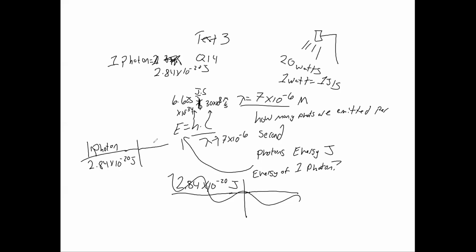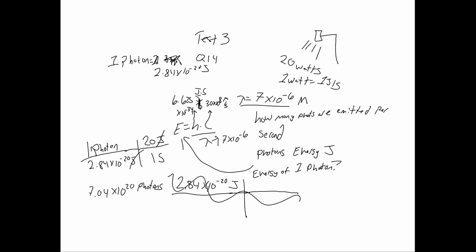And I have a light source that is giving off 20 joules for every 1 second. So really, I take how strong my light is, which is 20, divided by the energy of one photon. So I'm doing 20 divided by 2.84 times 10 to the minus 20th, which should be a big number. So for every second, I'm pumping off 7.04 times 10 to the 20th photons. So a lot of photons are coming off that light at one given time.